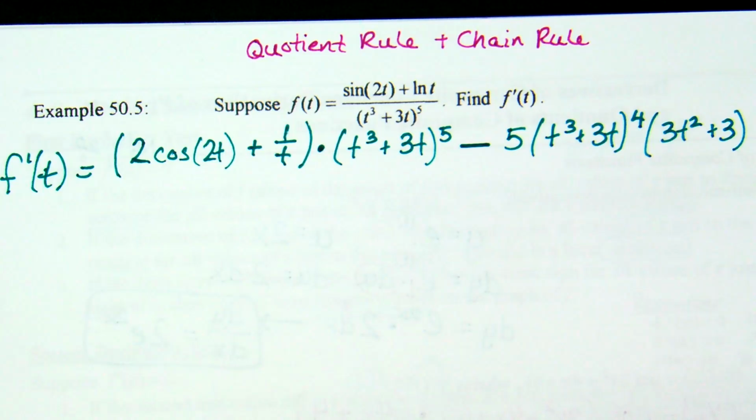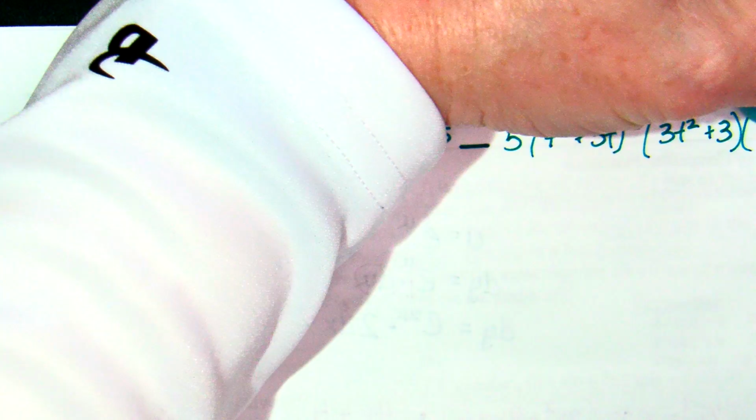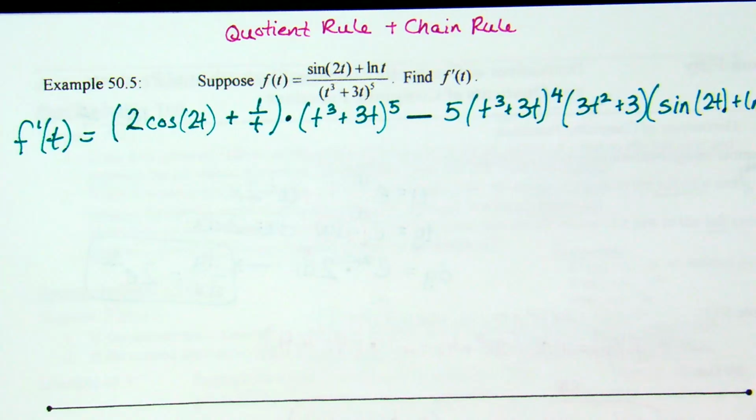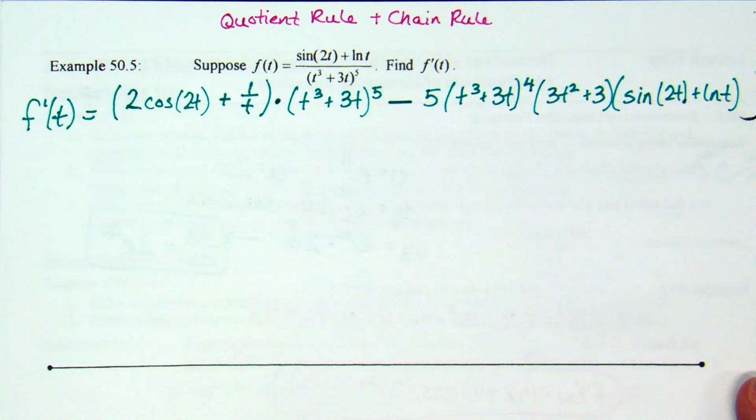Okay, so that's the derivative of the denominator times the numerator as is. So sine 2t plus natural log of t. Zooming out, zooming out. There we go. Now I'm all on the screen.